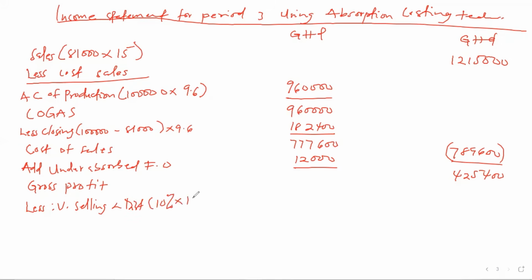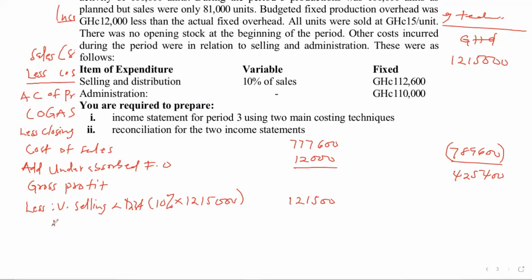And our sales is 1,215,000. Then we have the fixed selling and distribution, which is also 1,126,600.